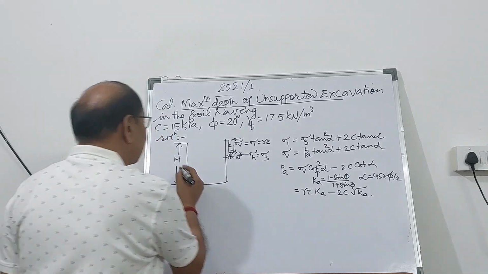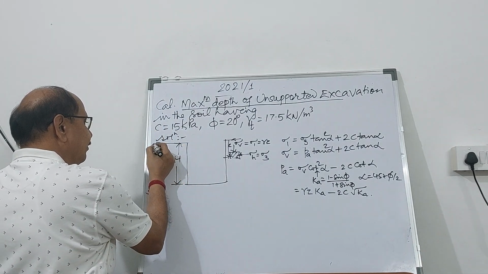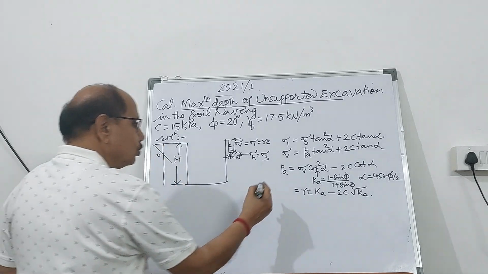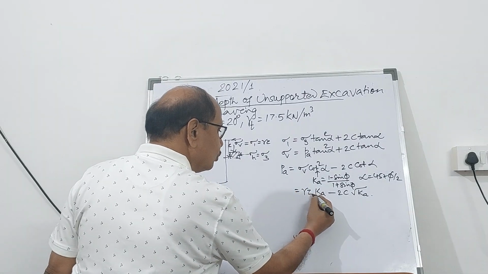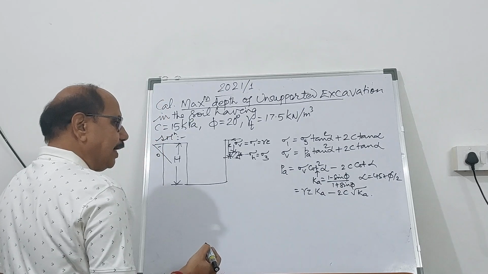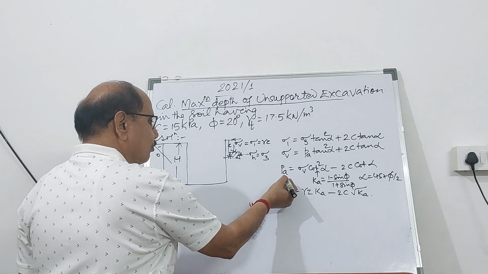So how are the pressures going to change? It is going to be negative at the top and then it becomes 0. At z equal to 0, the first term becomes 0 and it becomes minus 2c under root K.